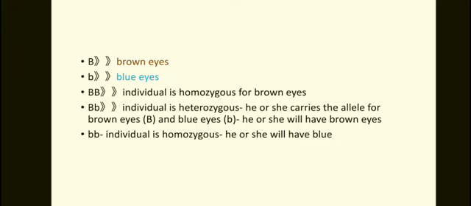So it means that an individual that is homozygous dominant will have two alleles for brown eyes. You can see here two alleles for brown eyes. So we say that this individual is homozygous dominant.